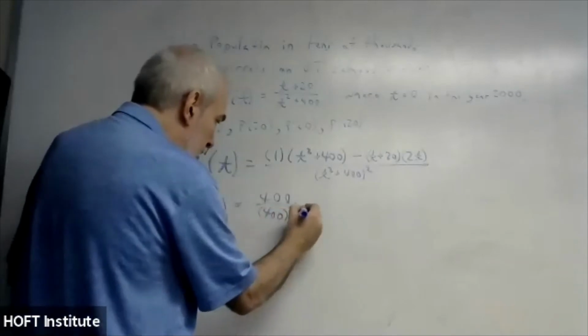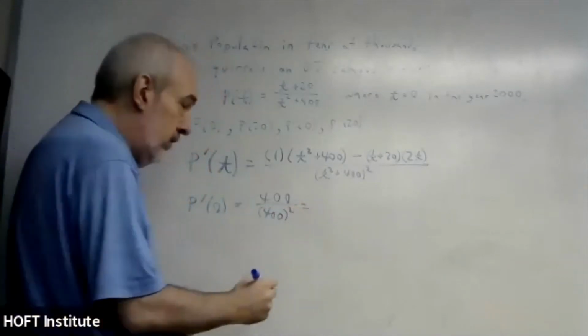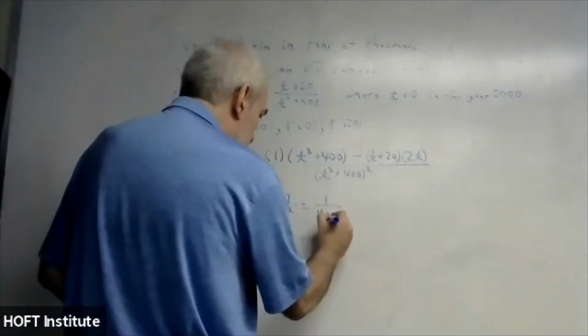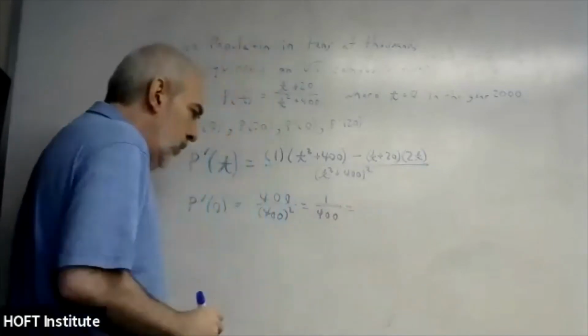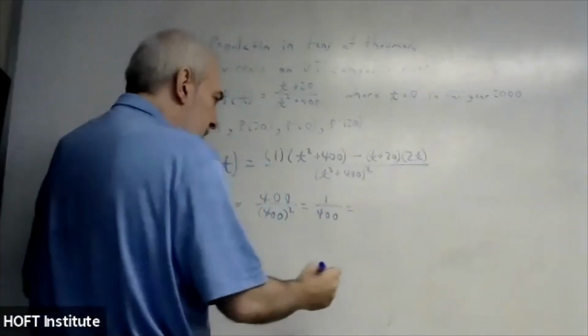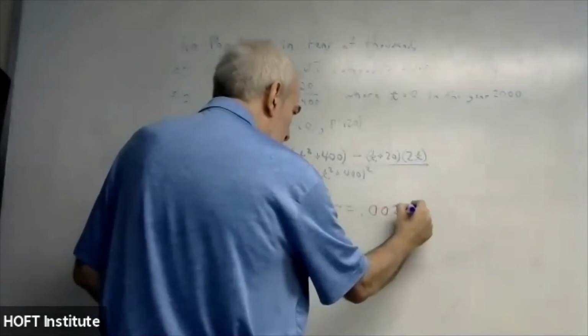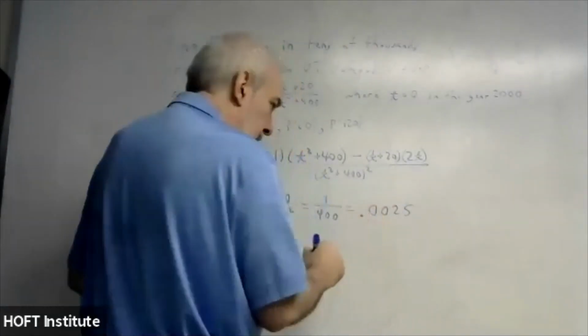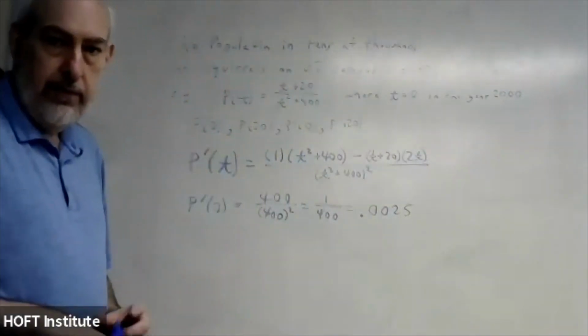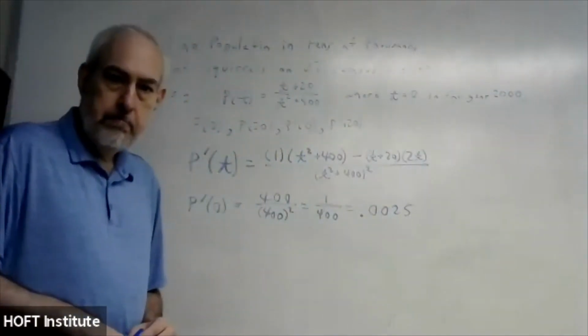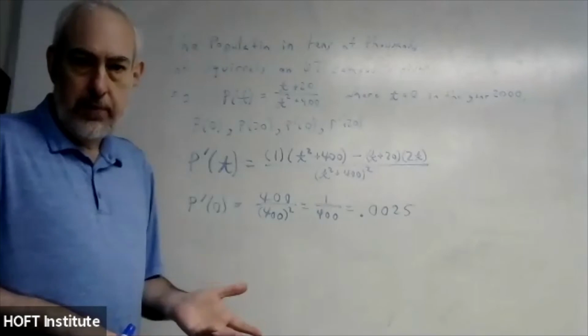So 400 divided by 400 squared is 1 over 400, which is, let's see, 100th would be 0.01 and then divide by 4. So 0.0025.